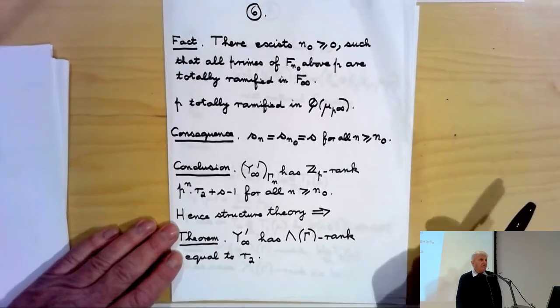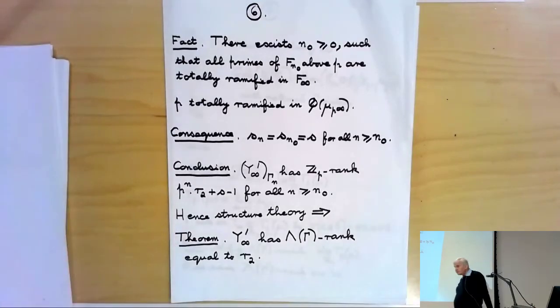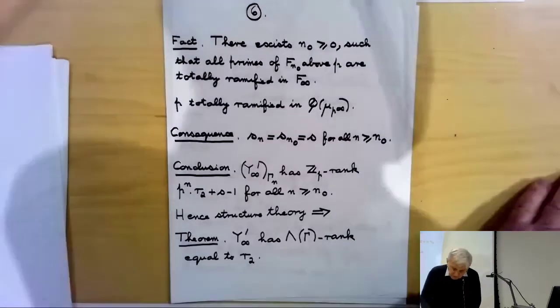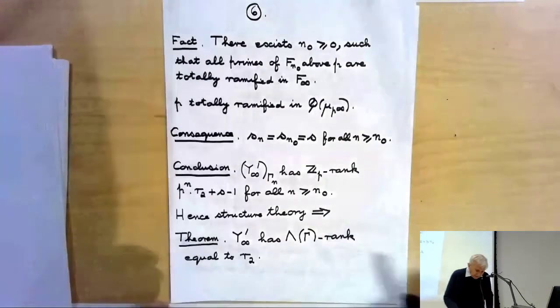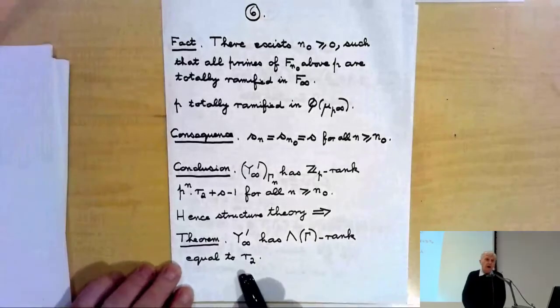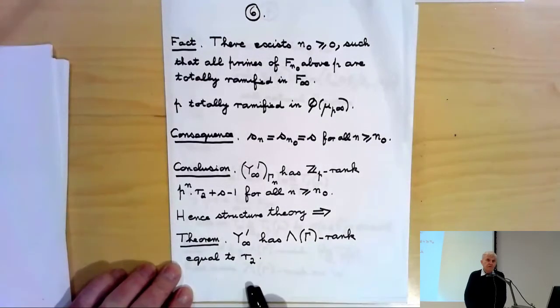And therefore, by the structure theory, here we appeal again to this fundamental structure theory, which is carefully stated in my first lecture, even though I didn't have much time to talk about it, that tells us that the Lambda Gamma rank of Y infinity prime is, in fact, equal to R2. It's precisely what comes out of the structure theory.